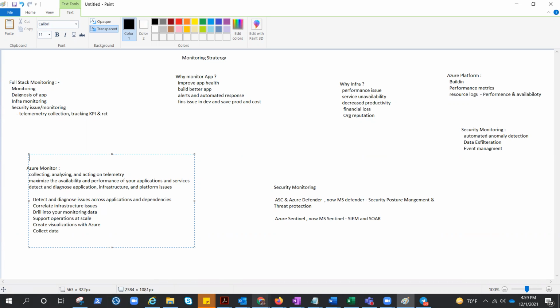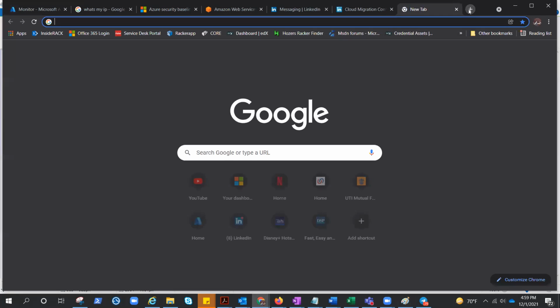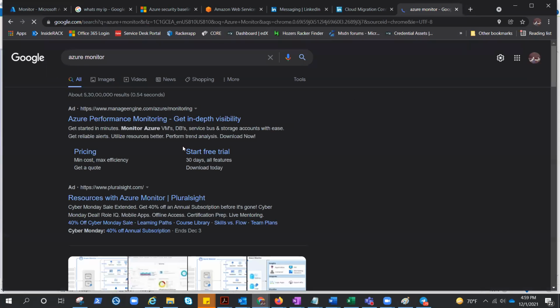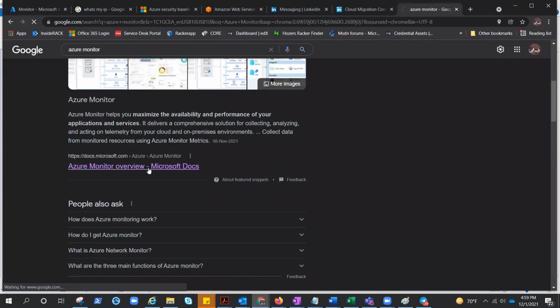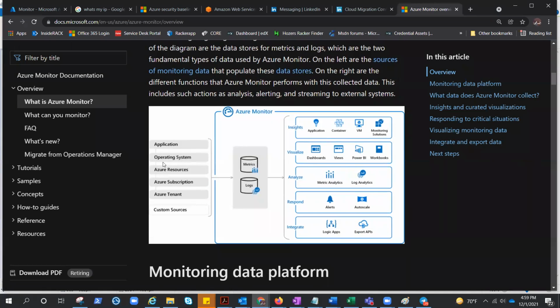If I have to show you, let me go back, and if I type here Azure Monitor, and let's go to the documentation. You can simply see right here all these things: application, OS, Azure resources, Azure subscription and tenant, and custom resources that could be on-prem, right? All the data in the form of metrics and logs is collected, and it will give you insights.